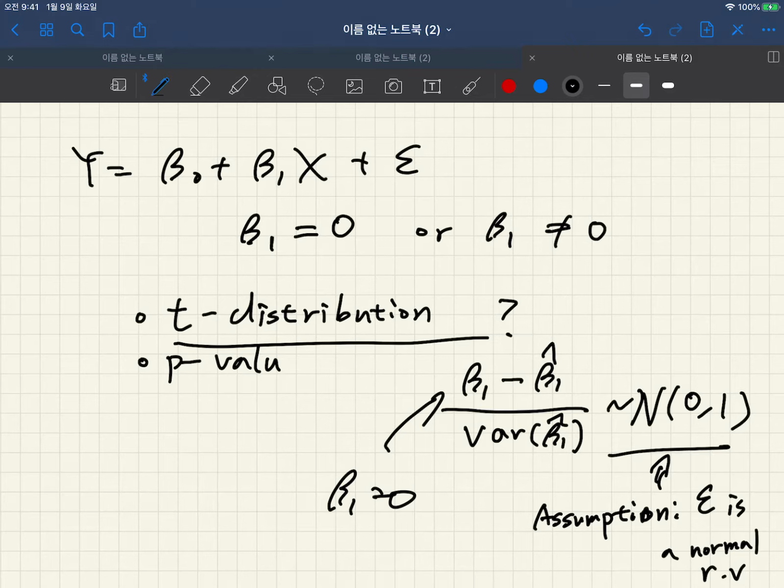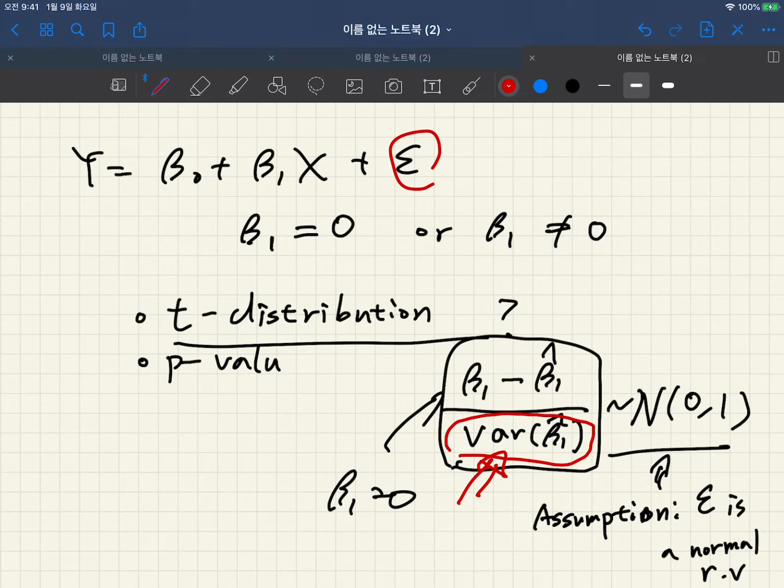But the problem, and the reason we have to use the t-distribution instead of the normal distribution, is that we don't know the variance of beta 1 hat. To know the variance of beta 1 hat exactly, we have to know the variance of epsilon. The variance of epsilon can give you the variance of beta 1 hat, but we don't know the variance of epsilon.